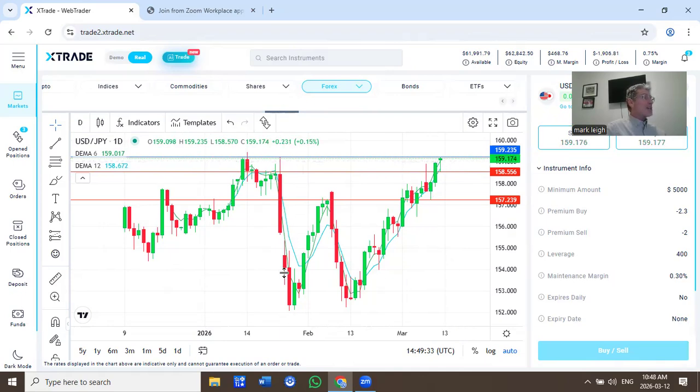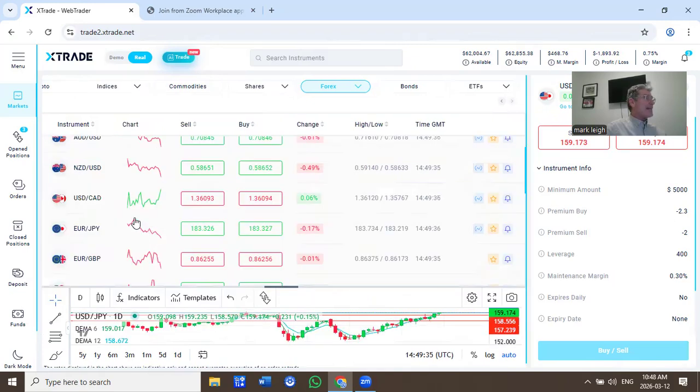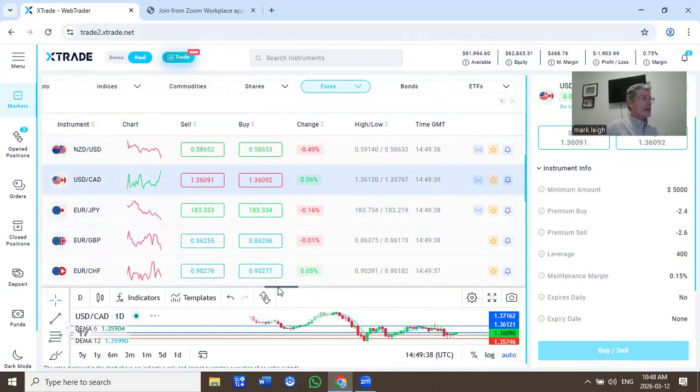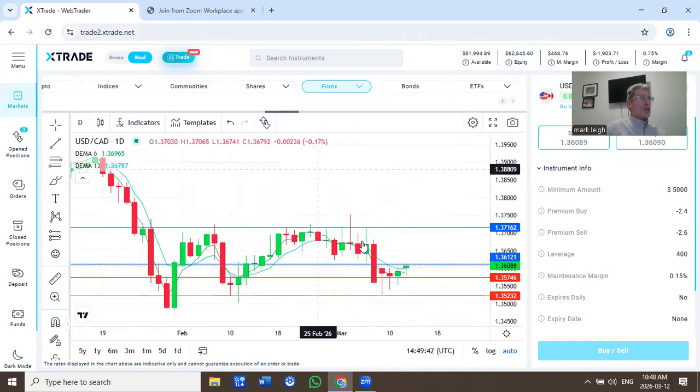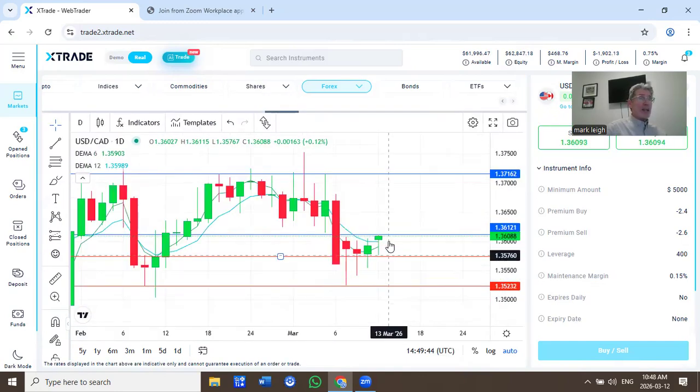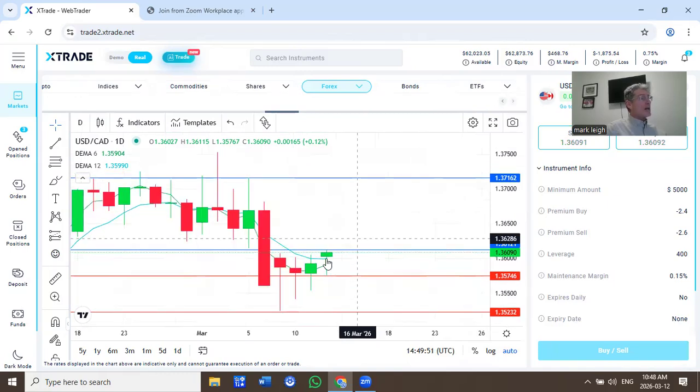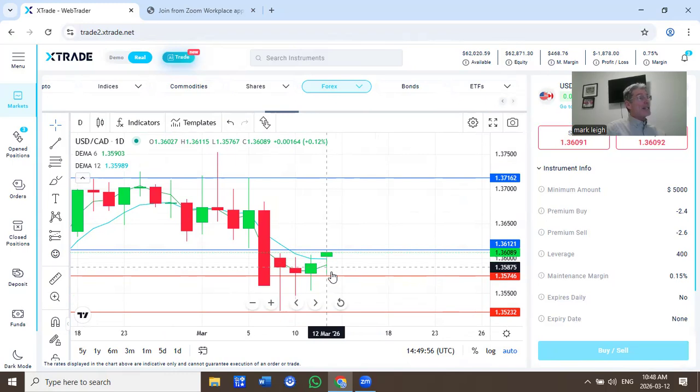US dollar against the Canadian. There you see small green candlestick testing resistance at 136.12. I've got support at 135.74. You can see this wick left behind that was selling US, buying Canadian. US dollar started off weak at the Asian into the European session.